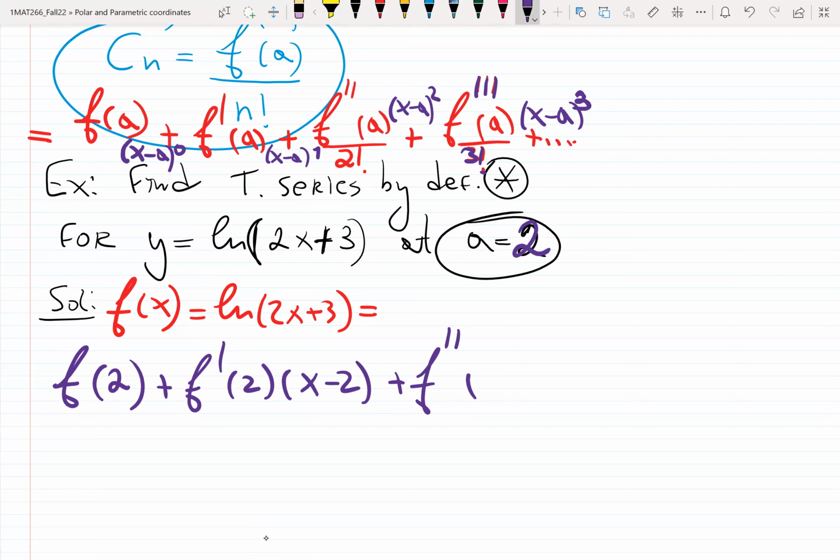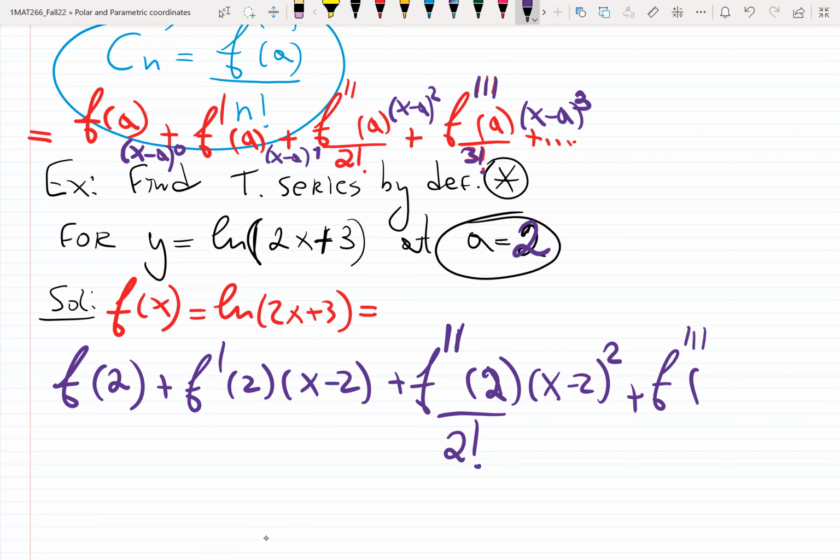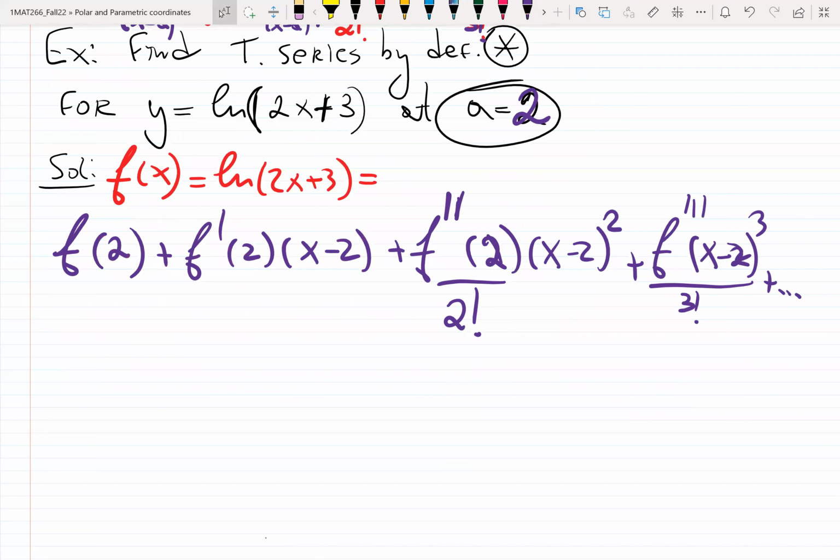Plus the second derivative at 2 times x minus 2 squared over 2 factorial. Plus the third derivative, x minus 2 cubed over 3 factorial. 3, 3, 3. It should match. Plus, and so on. For example, I told you to find the first 4 terms. Let's do it. f is a logarithmic function. So either build a table or write it down right away. I like the table.